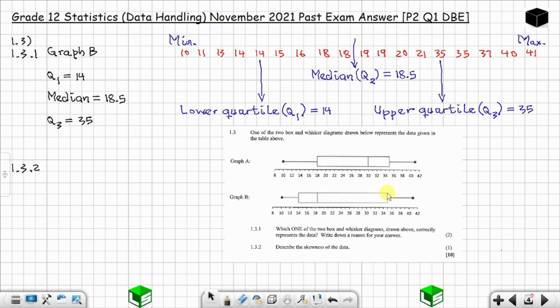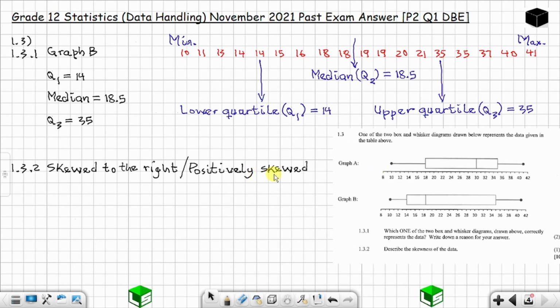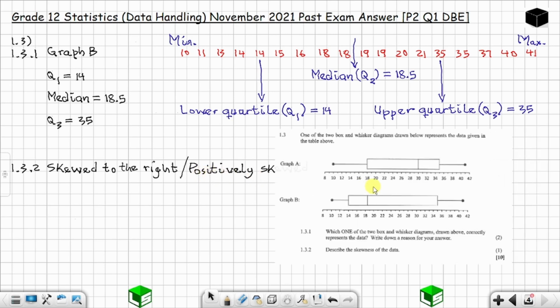Since you have the bigger rectangle on the right, you'll say this is skewed to the right. Okay, it means you have more values on the right. And you can also say that this is positively skewed, right? If it was a bigger rectangle to the left, it would be negatively skewed. Okay, so we are done with this question.